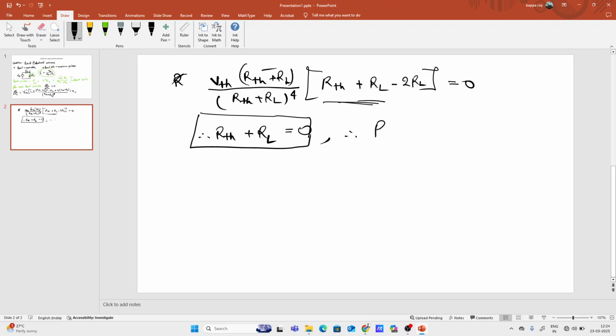So we can write, sorry, it will come out with a minus. So we can write RTH is equal to RL. So this is the condition for maximum power.